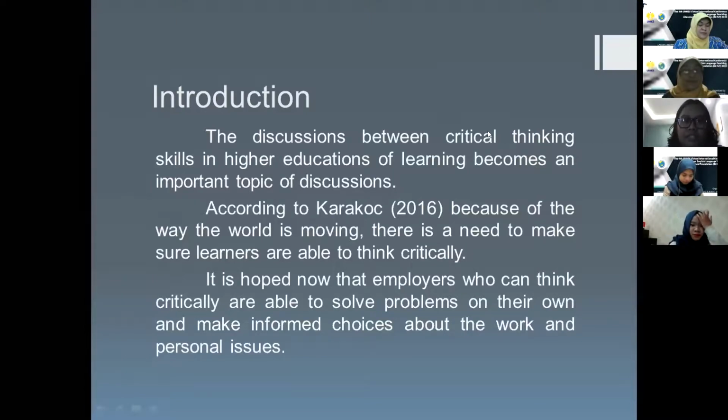According to Karakov, 2016, because of the way the world is moving, there is a need to make sure learners are able to think critically. It is hoped that employees who can think critically are able to solve problems on their own and make informed choices about work and personal issues.